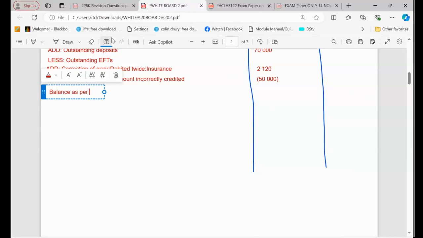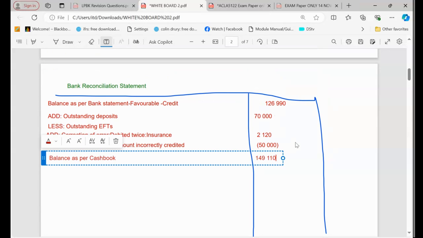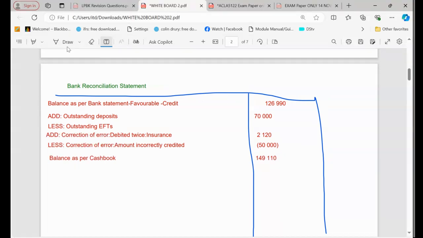Balance as per cash book. How much did you say? 149,110. It must be the same as the one that... No, remember, it's the one that you found here, not the one from the cash book.